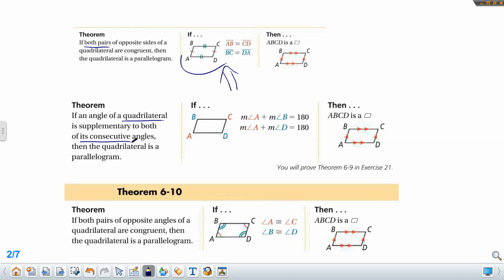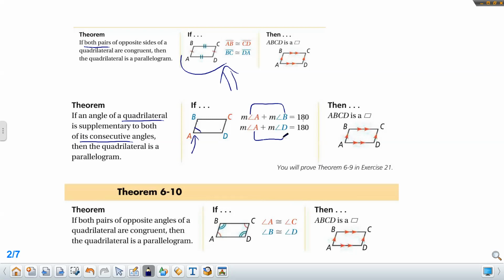For example, if measure angle A plus measure angle B equals 180 and A plus D equals 180, then angle A is supplementary to its consecutive angles B and D. In this case, we can say the quadrilateral ABCD is a parallelogram. This is case number 2.